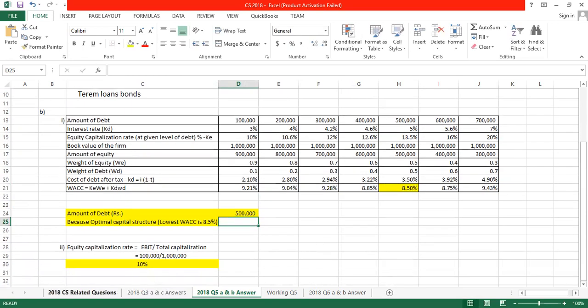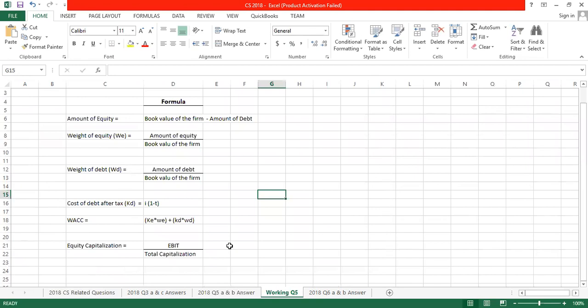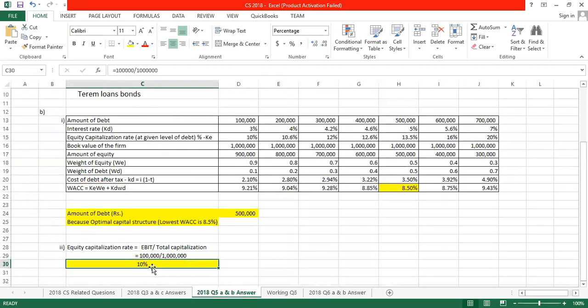The next question asks, if the Modigliani-Miller approach is followed, what should be the equity capitalization rate? Under the Modigliani-Miller approach, this is the formula for the equity capitalization rate: earning before interest and tax divided by total capitalization.